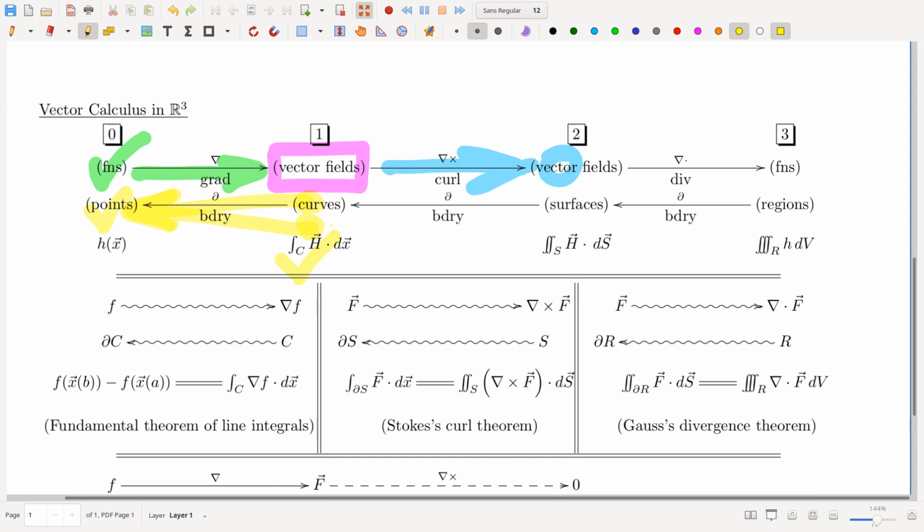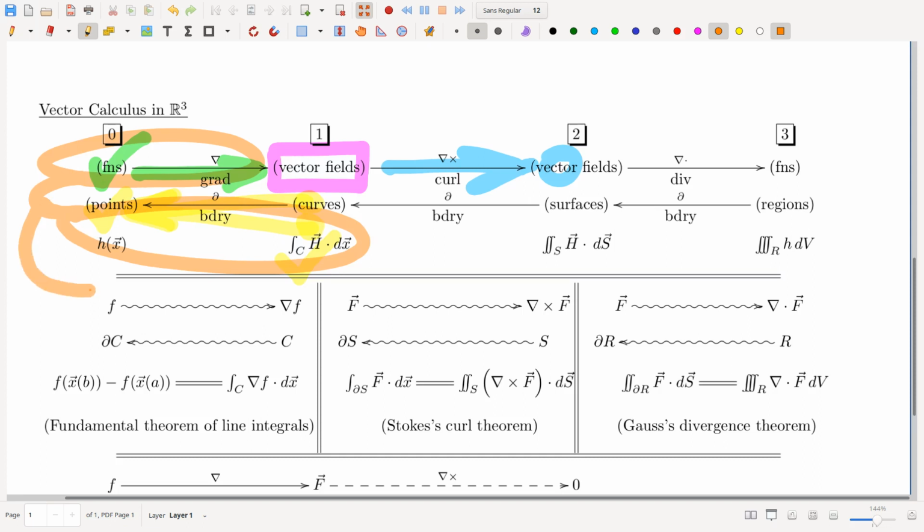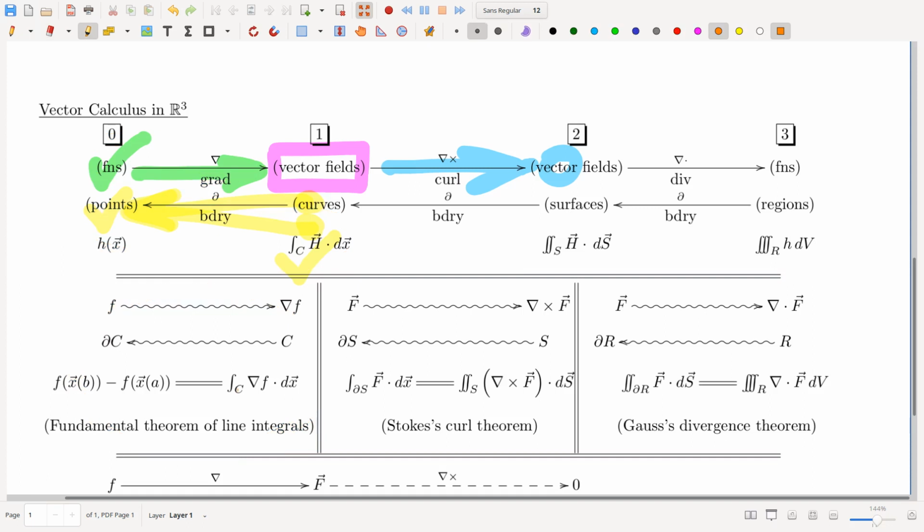So let me add to that a little bit. How did we conclude a relationship between being a gradient and being path independent? You may recall we used the fundamental theorem of line integrals to draw that connection. In fact, I think this ends up looking a little cluttered. Let me do it like this.